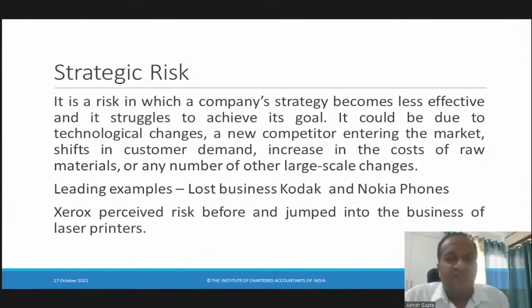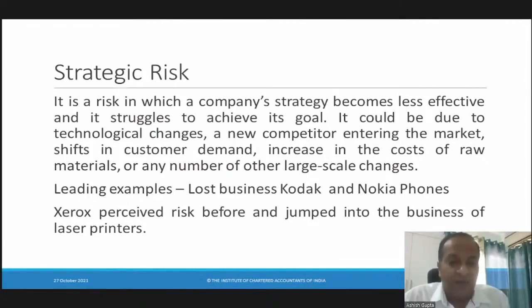It is a risk in which a company's strategies become less effective and it struggles to achieve its goal. It could be due to technological changes, a new competitor entering the market, a shift in customer demand, an increase in cost of raw material, or any number of other large-scale changes.